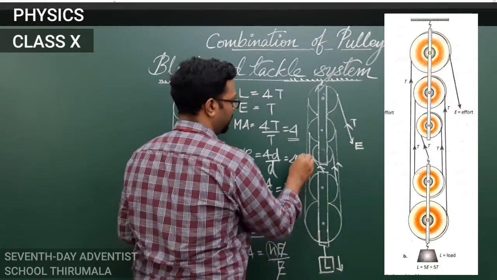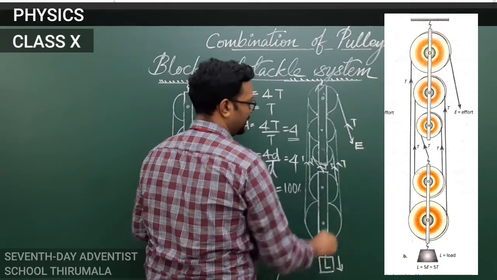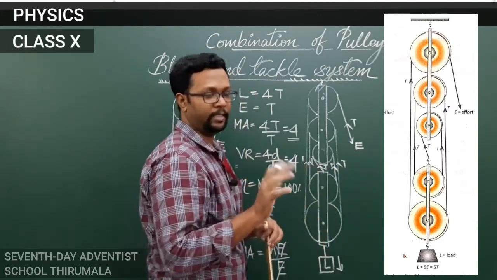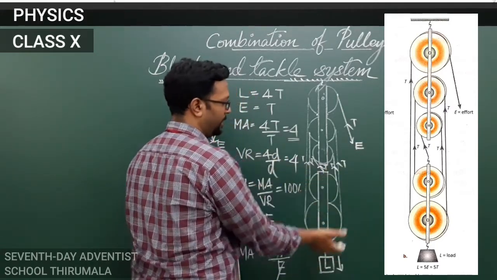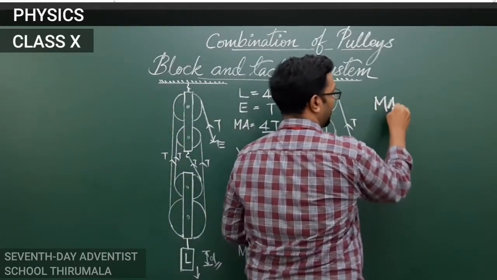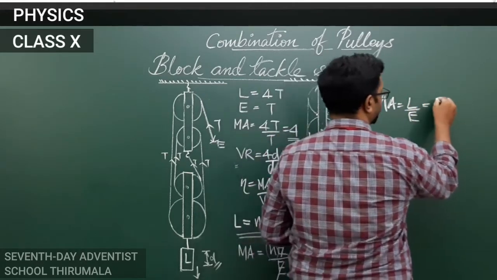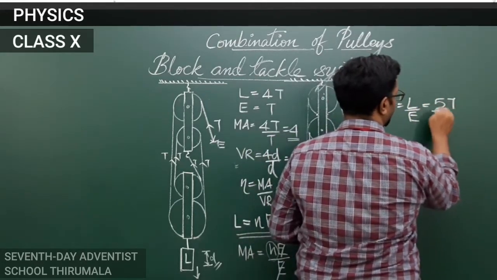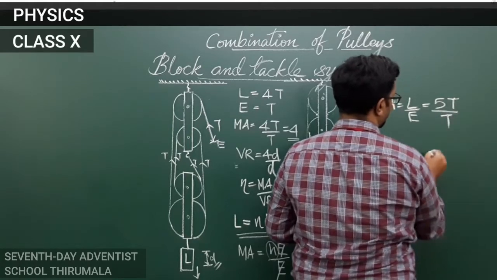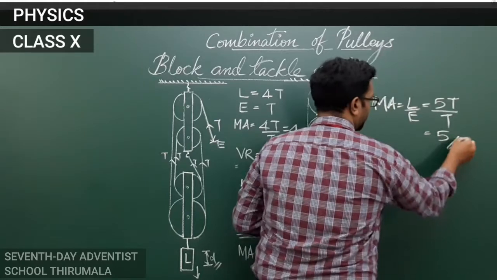So the number of tensions will be T, T, T, T and T, that is total 5 T's. So load is supported by 5 tension, effort is supported by 1 tension. So as we calculated earlier, mechanical advantage is equal to load by effort, which is equal to 5 tension divided by tension, and the value is 5 mechanical advantage.